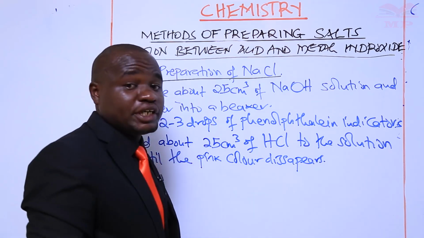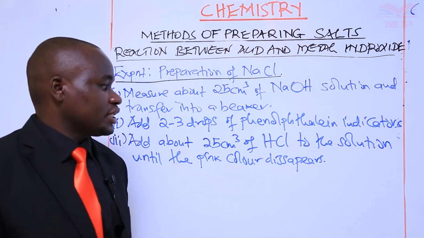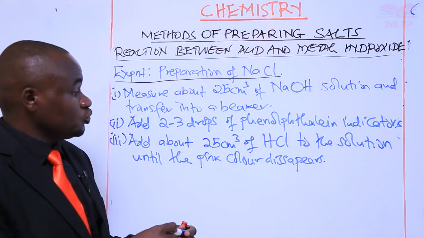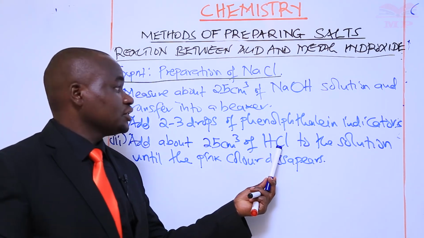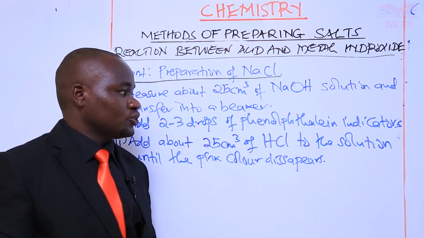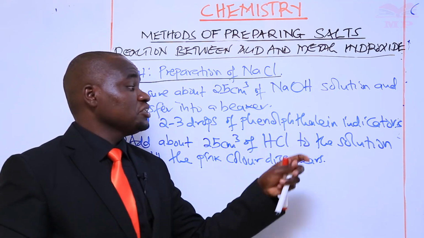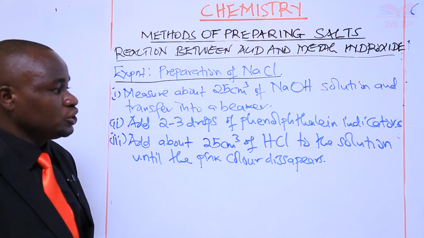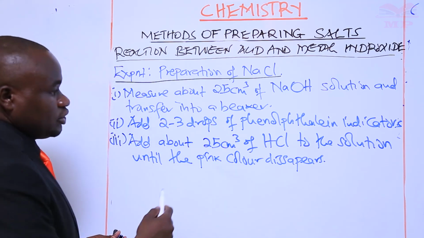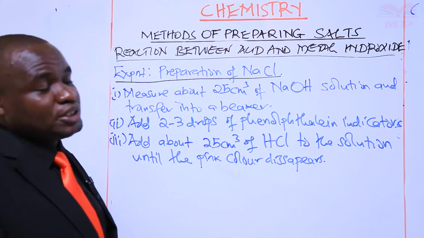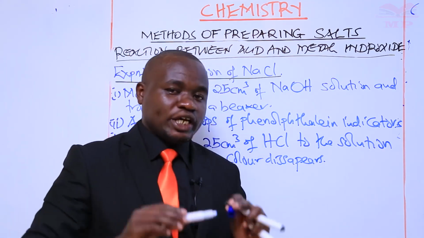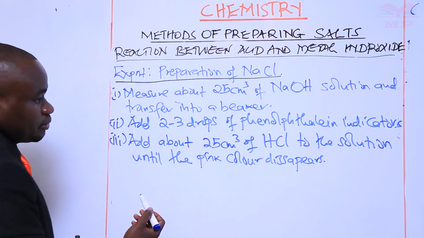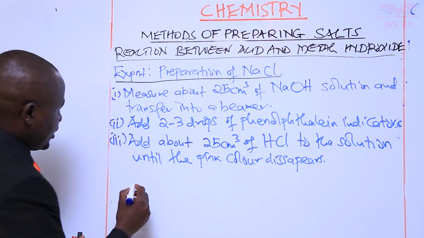The disappearance of the pink color will be an indicator that the reaction is over. Remember, we are having a reaction between hydrochloric acid and sodium hydroxide. The indicator will be used to show the end point, and the end point simply means the point at which all the acid has been completely neutralized. That's the main use of the indicator.